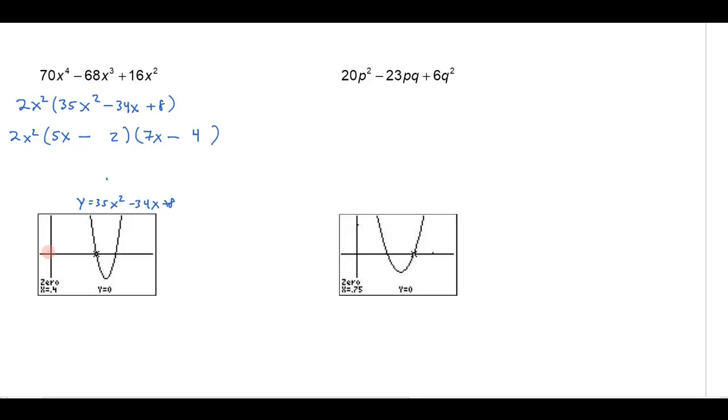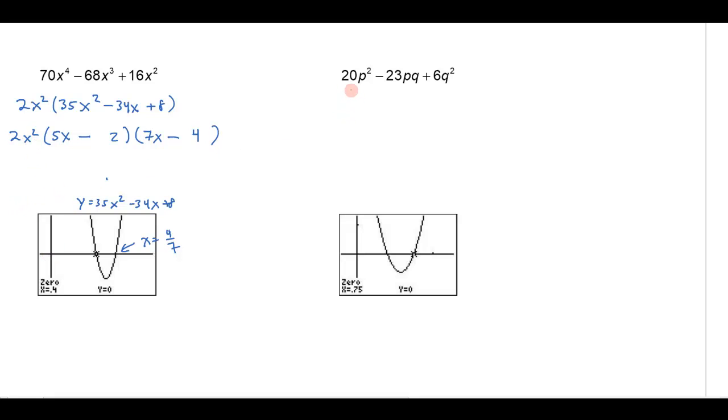Notice that the scale is real close to the y-axis here, and this is 0.4. 0.4 is the 2/5 that we would get from this factor up here if I was looking for the associated 0. And this one right here, I'll bet you can guess that that would be x equals 4/7. It goes with this one. All right. If I were to graph the whole thing, it would have to come down and cross over here at 0 as well, because there's a 0 right there.